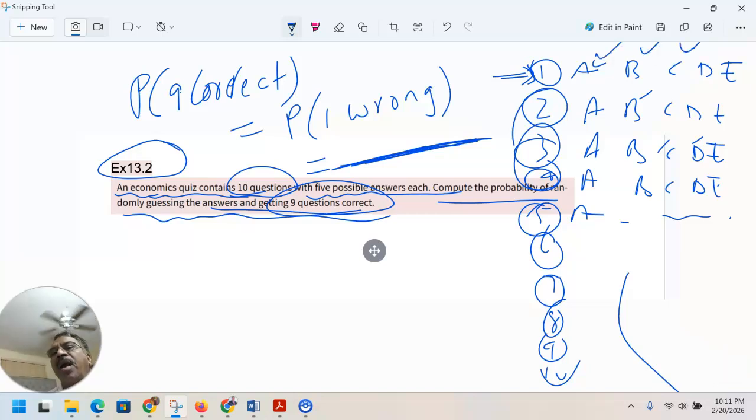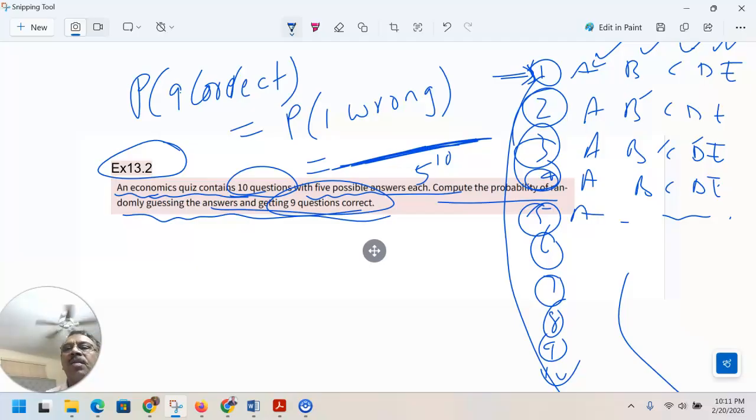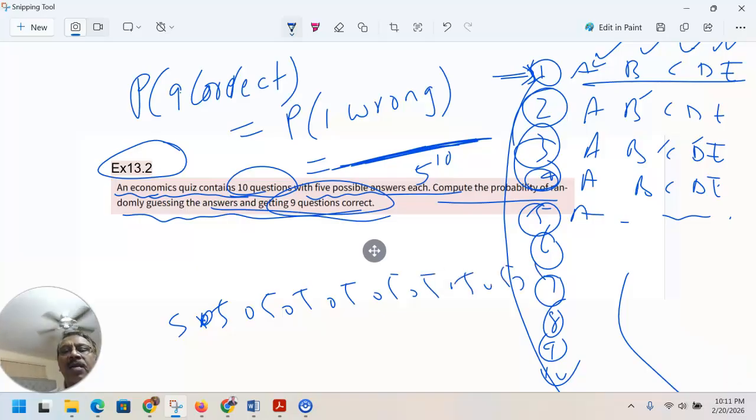The first one is five, right? And there are 10 questions. So it's going to be 5 times 5 times 5 times, and so on, 10 times because there are 10 questions. So it is 5 raised to 10.